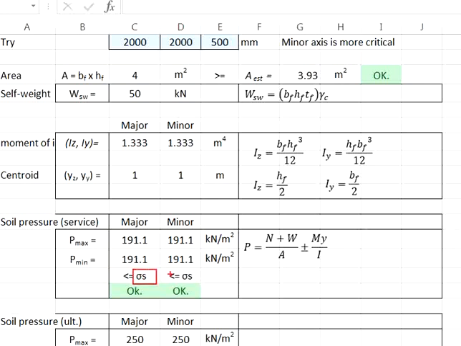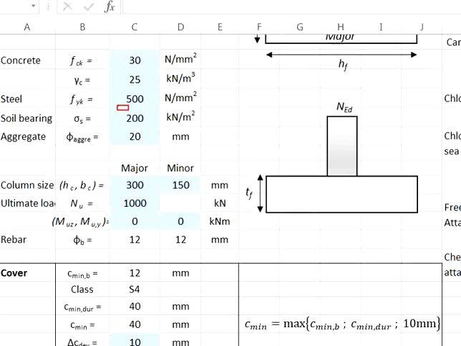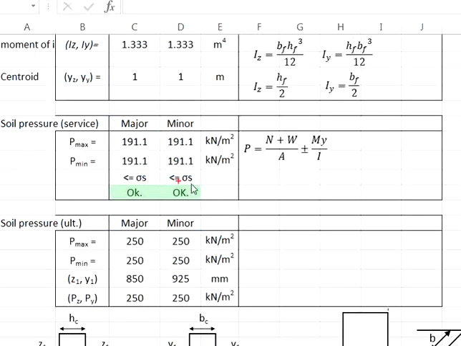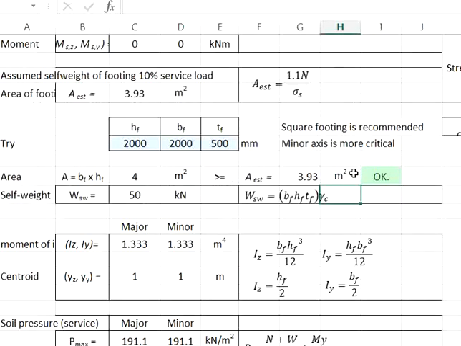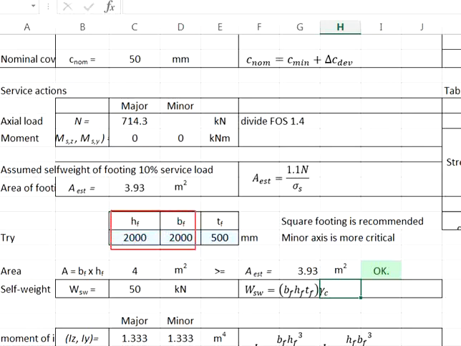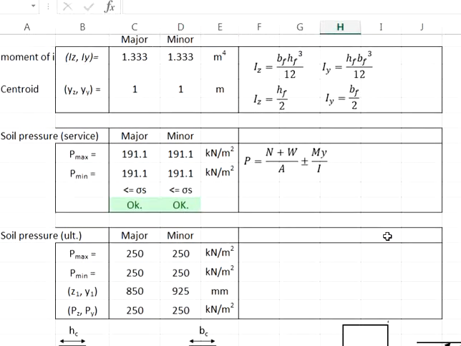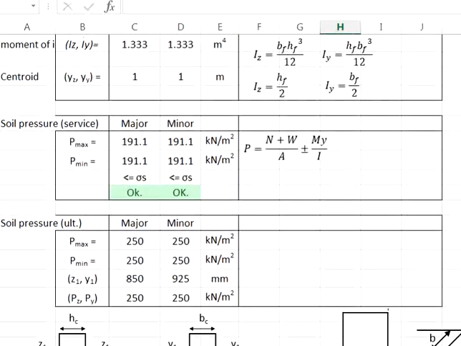Compared with the soil bearing capacity, which in this case is 200 kilonewton per meter square, the soil bearing capacity is not exceeded. That means the proposed dimensions, specifically the width and the length of the pad footing, are adequate in this case.